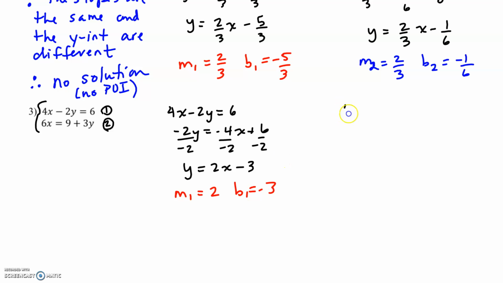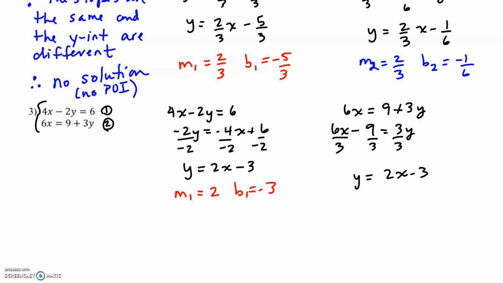All right, let's take our second equation and we'll go ahead and rearrange. So I'm going to leave 3y where it's at and bring the 9 to the other side. And we'll just divide everything by 3. So y equals 2x minus 3. m2 equals 2 and b2 equals -3.